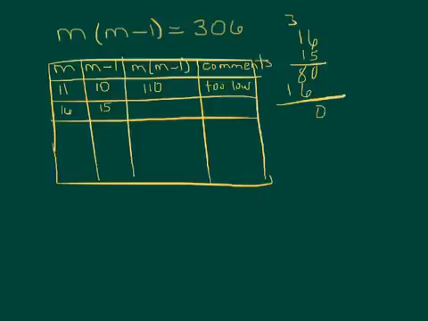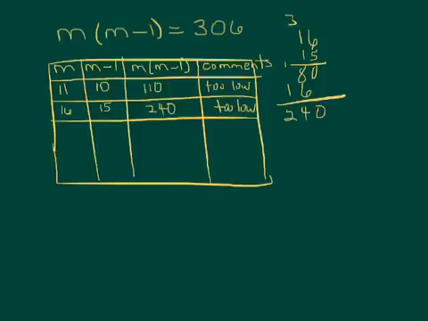When we add this up, 8 plus 6 is 14. Carry your 1. 1 and 1 is 2. 240. Still too low. But we are a lot closer to 306 than the 10 and 11.